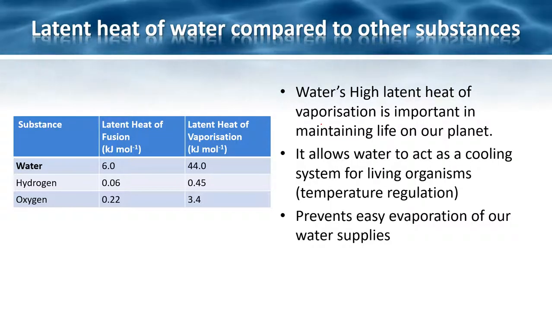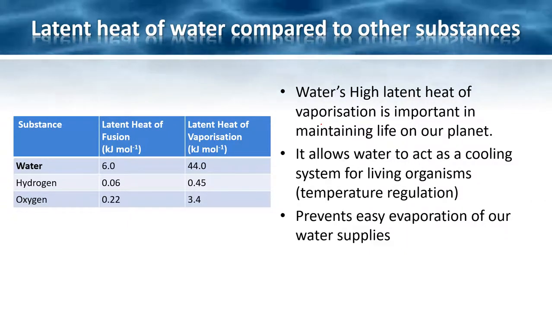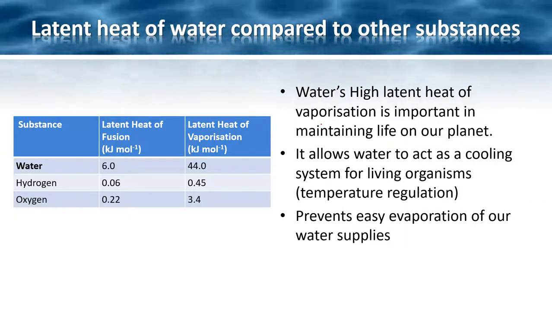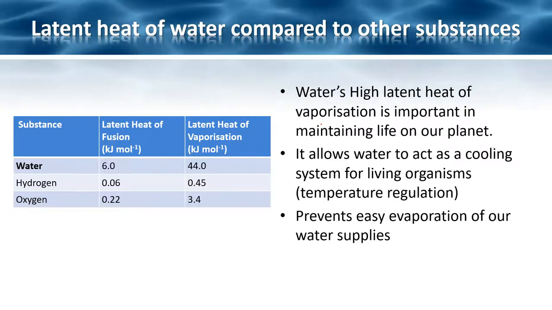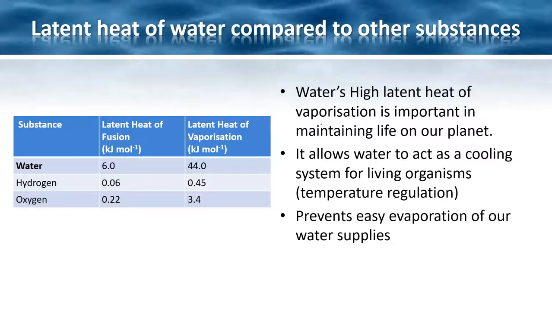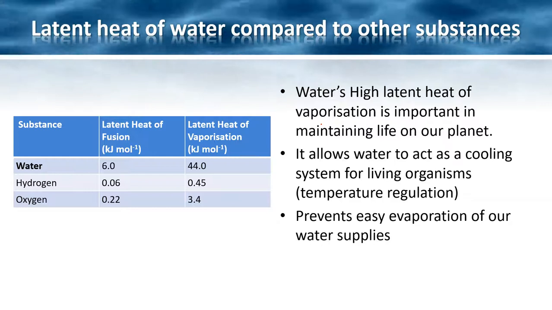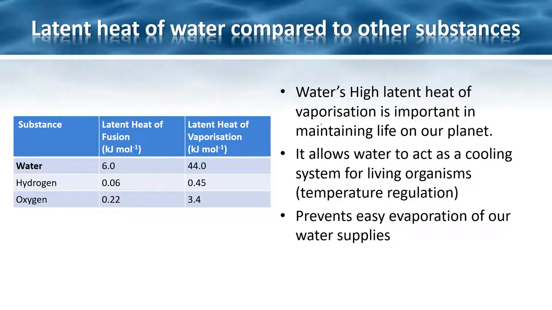Water's latent heat is actually quite high. Its heat of vaporization is important to maintaining life on the planet because it means the water's temperature stays fairly consistent, and we see that in our oceans. Our oceans' temperatures don't fluctuate a lot, which gives rise to a huge ecosystem of plants and animals that can live in it.